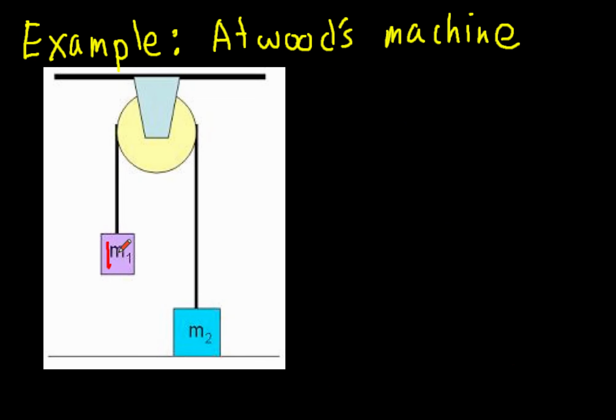Here's a real example. We'll have mass 1 as 10 kilograms and mass 2 as 5 kilograms. Since 10 is greater than 5, we know the system will accelerate towards the 10 kilogram mass. So the 10 kilogram mass will accelerate down, and the 5 kilogram mass will accelerate upwards. The force of gravity pulling the 10 kilogram mass is down, and so is the force of gravity on the 5 kilogram mass.